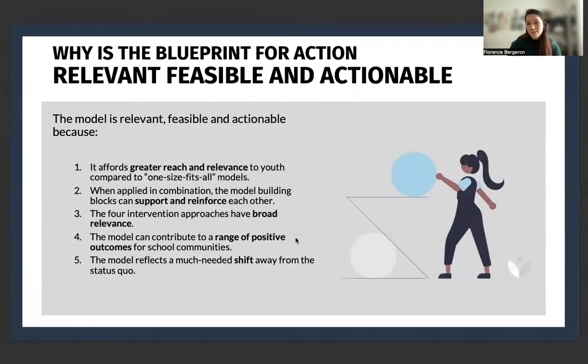If you're not convinced yet about how amazing this model is, I have 5 reasons why you should. The blueprint for action is relevant, feasible, and actionable because first, it affords a greater reach and relevance to youth compared to a one-size-fits-all model. As we have seen through all the approaches that we discussed, there is a lot of flexibility, a lot of adaptability.